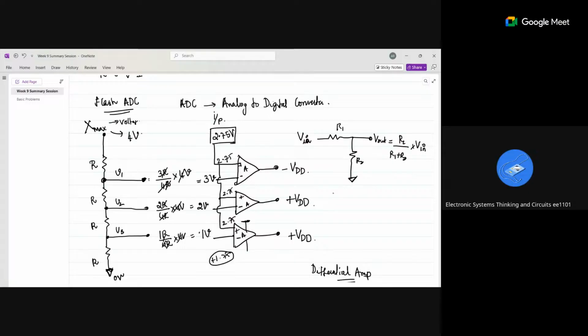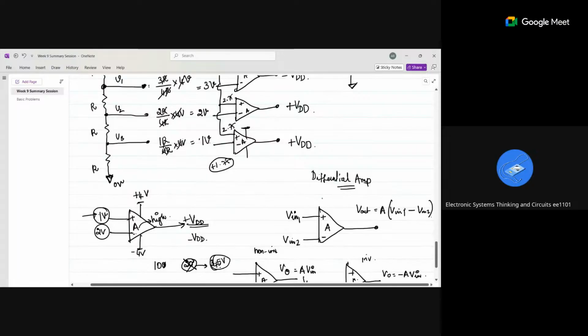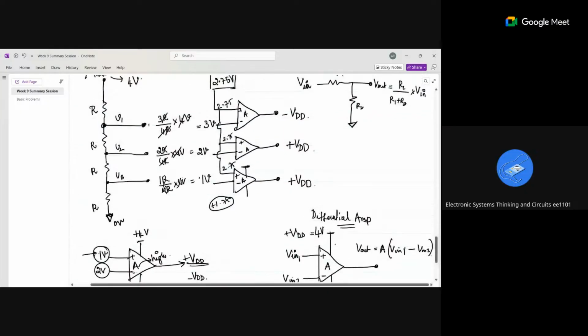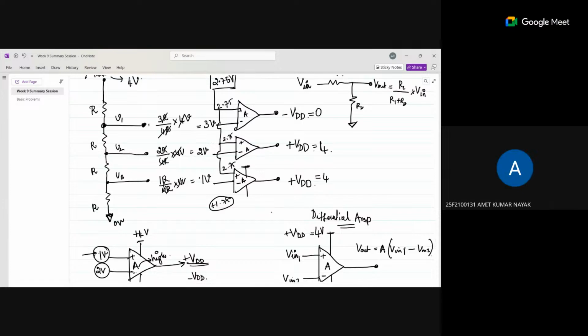In the same way, in this differential amplifier, if I am supplying this with 4 volt and this with 0 volt, my plus VDD will become 4 volts and my minus VDD will become 0 volts. So minus VDD will actually become 0 and plus VDD will become 4, right? Is it clear? Yes, ma'am.